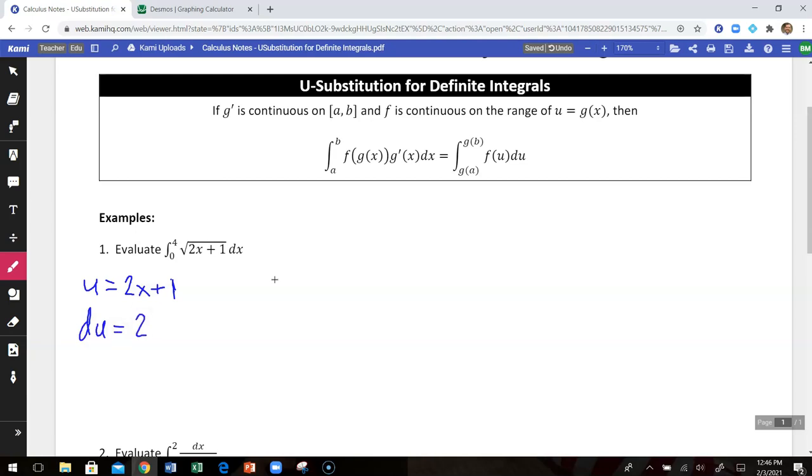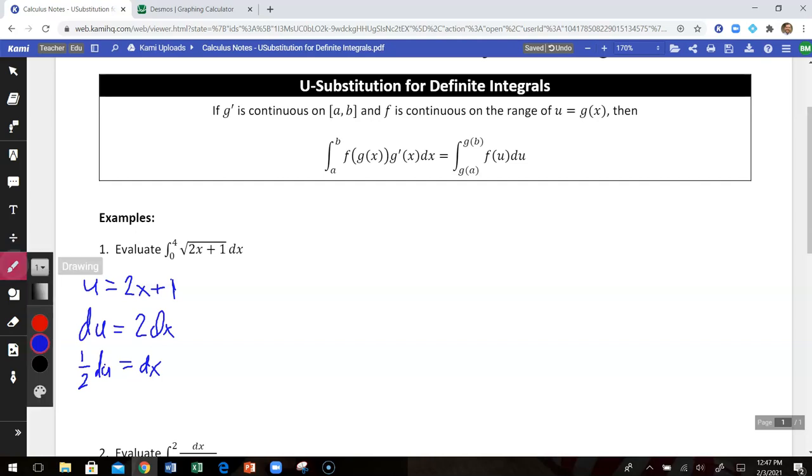That's just going to be 2 dx. Now I don't have that random 2 in here, so I'm going to divide by the 2, so I get 1/2 of du is equal to dx.